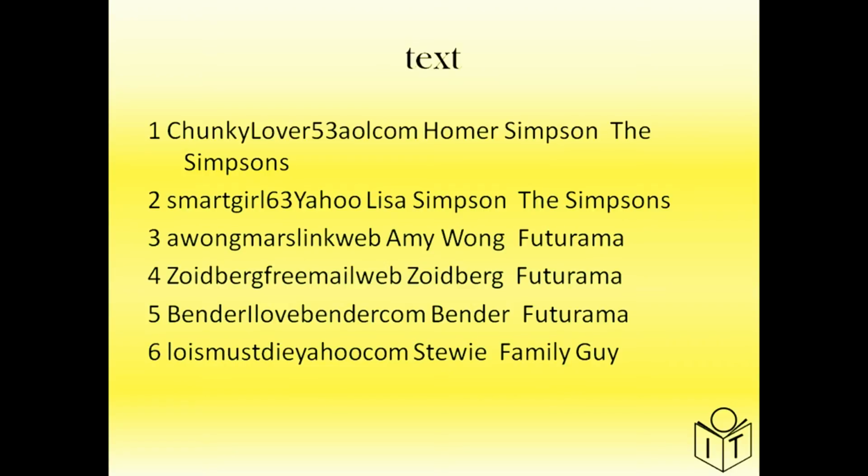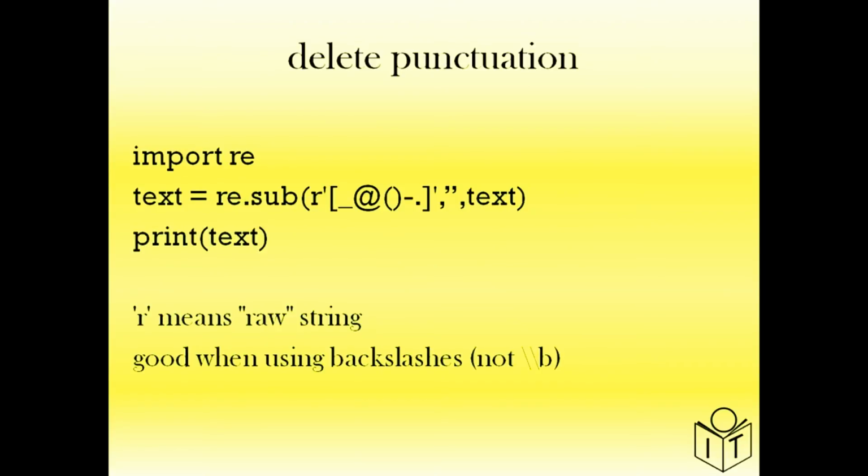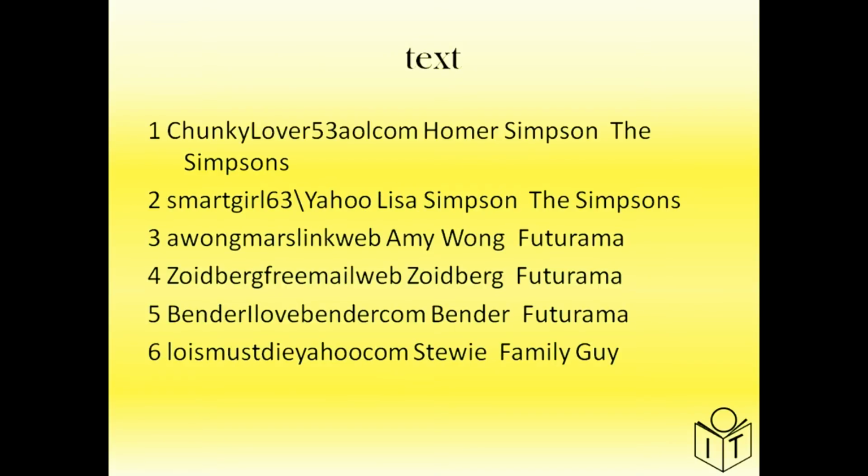So we can use a flag again. We used the R before, and we're going to introduce it here again. R means raw string, so we don't use the escape character. Here we've got the same characters inside the square brackets but without the escape character because we're using the R. If we have a look at this, that works. There's one slight thing that you might notice: the slash is still in there.